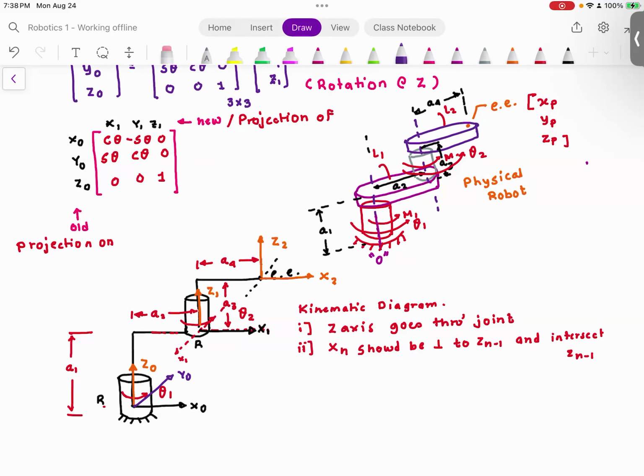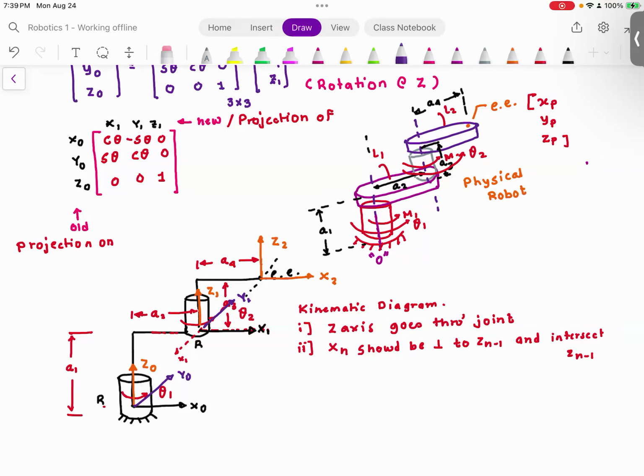Now help me complete the second triad. I have X1, I have Z1. X1, Y1, Z1. Can you see that my Y1 is also going in? X2, Y2, Z2.